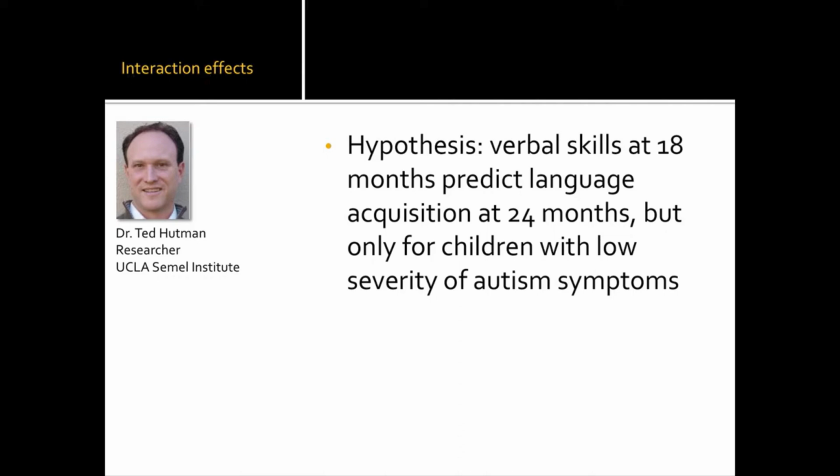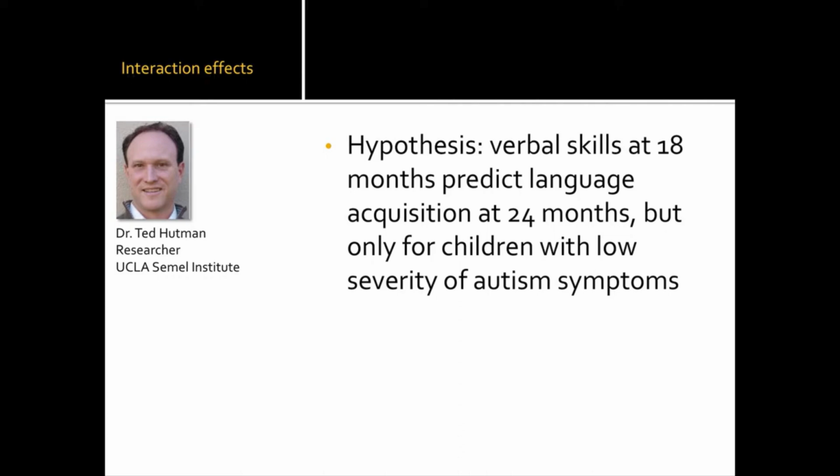Number two is the interaction part. This is only true for children with low severity of autism symptoms. So you're adding in a second IV and putting a condition on that first IV. The second IV is severity of autism symptoms, and you're saying that the prediction from verbal skills to language acquisition is only true for those children with low severity of autism.